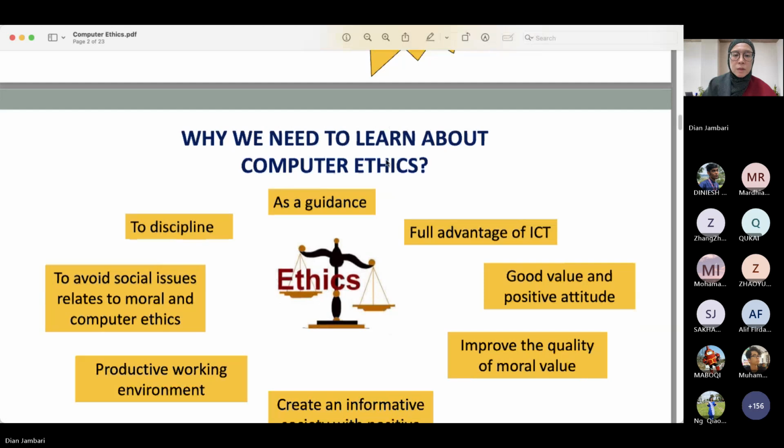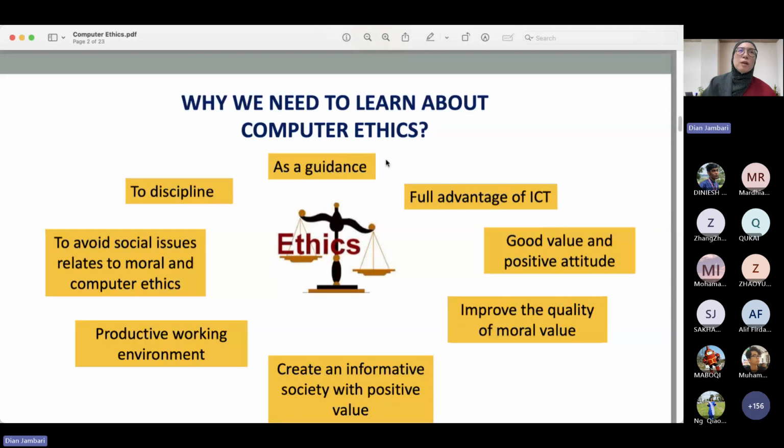All right. Last week we discussed the code of ethics. The code means our reference, our guide, in terms of general guidelines for IT professionals, computing professionals.